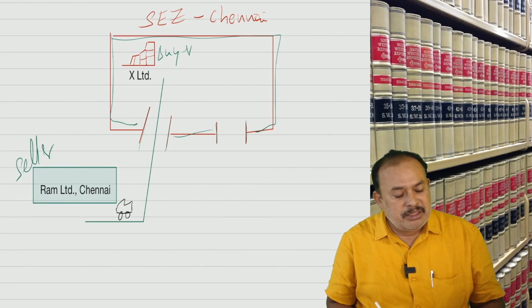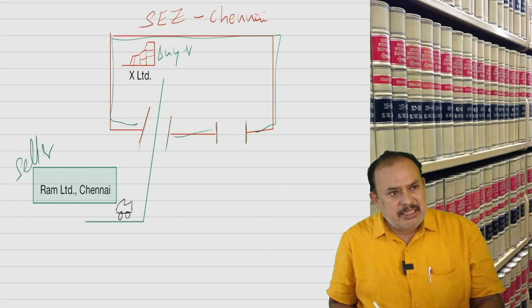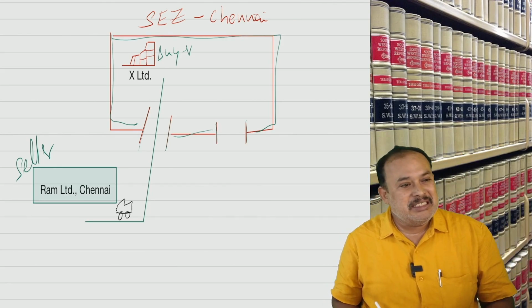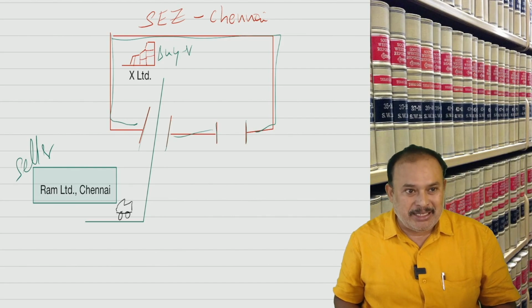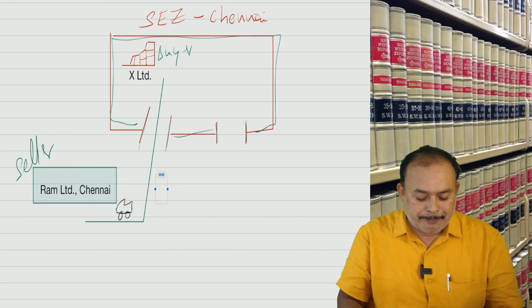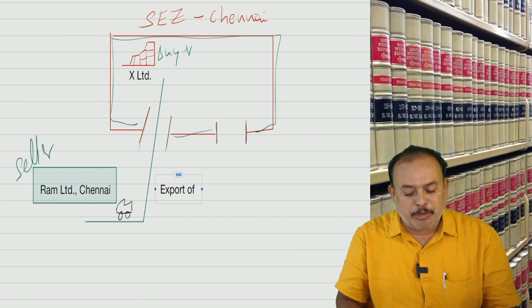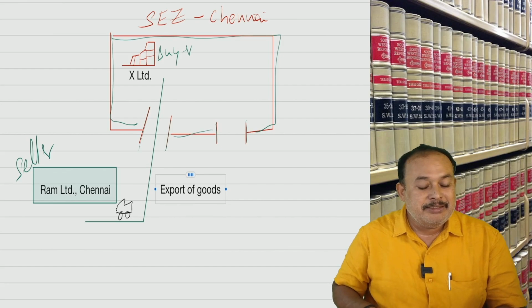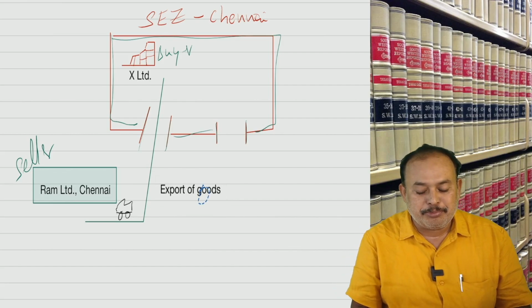That means the seller supplied the goods to a unit of SEZ. This supply is treated as export of goods. Understand that.